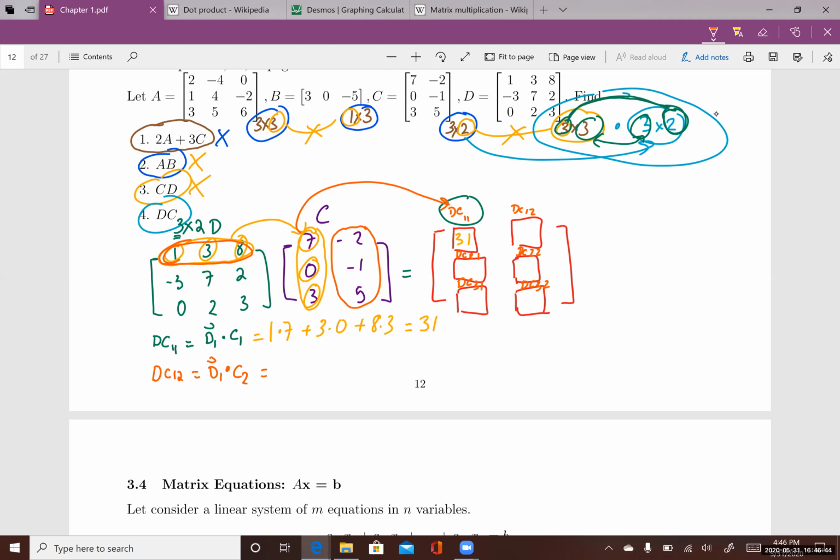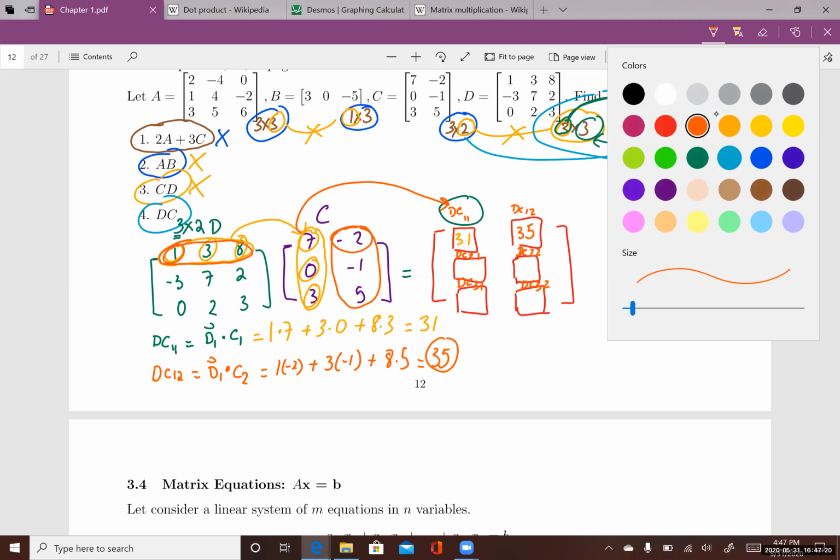The dot product will be 1 times -2 plus 3 times -1 plus 8 times 5, which is 40 minus 3 minus 2, which is 35. So 35 will be the entry DC12. And you can see that this is how we're going to fill out all of the entries of the product.